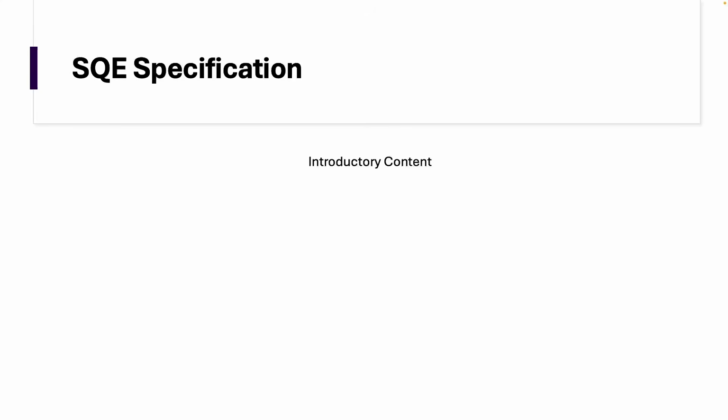We're still concerning ourselves with introductory content for the English legal system on the SQE specification. And so fundamentally then, what we did in the last lesson was spend some time talking about the history of English law up to the point of the Bill of Rights. We spoke a little bit about the Anglo-Saxon legal system, the importance of the communal system of law that existed during the Anglo-Saxon time.